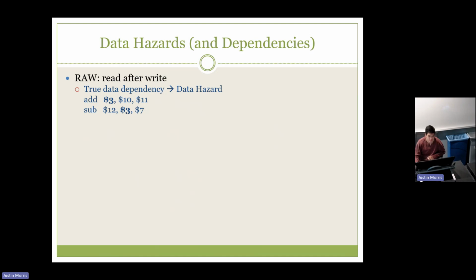After execute, okay? That's when we actually have the new value of register 3, which is register 10 plus register 11. But this sub is trying to read the value of register 3 in which cycle? Decode. It's decode, which is the third cycle. Right?